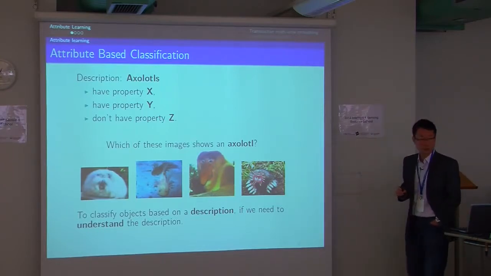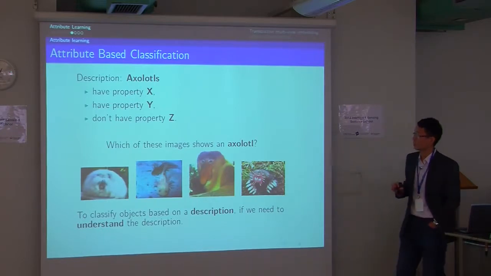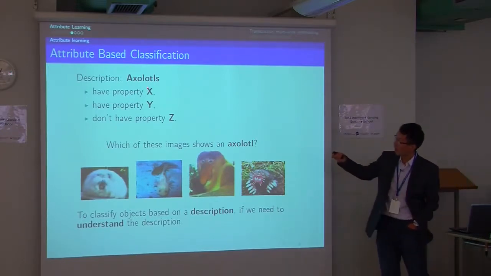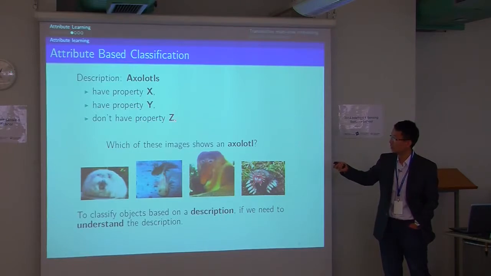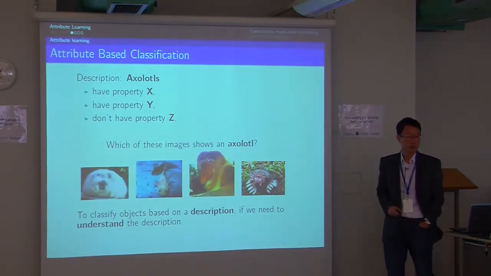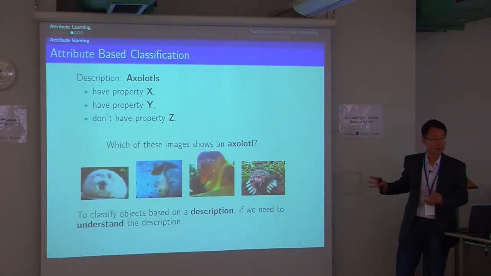What you want to do first is to understand what the attribute called white is, what the attribute called living in water is. Let's say I tell you this animal has property X, has property Y, does not have property Z, and I ask you to recognize this. There's no chance because we don't know what X, Y, Z mean.